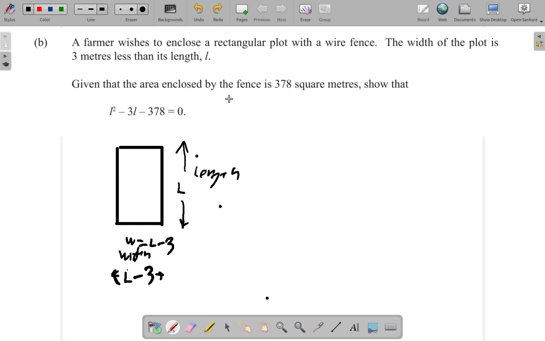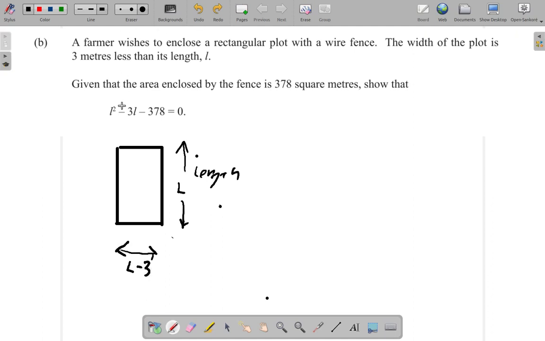Now, the area enclosed by the fence is 378 square meters. Let me just erase part of this. So this width here is L minus 3.